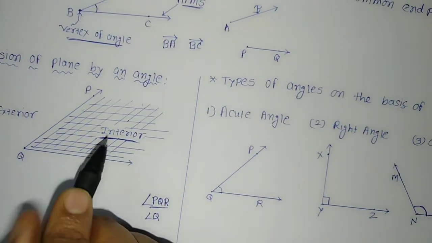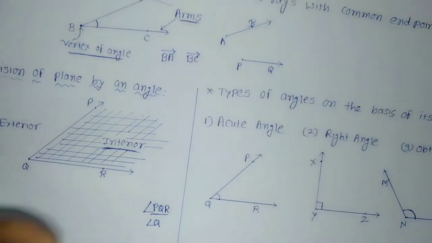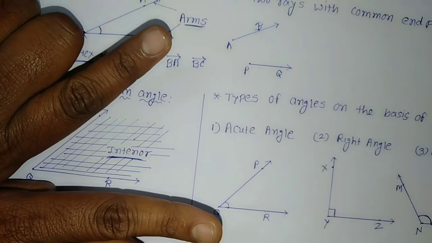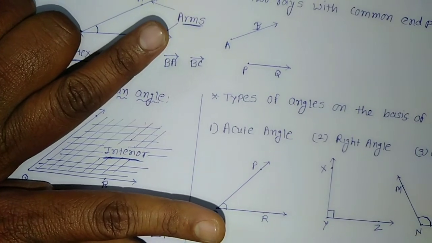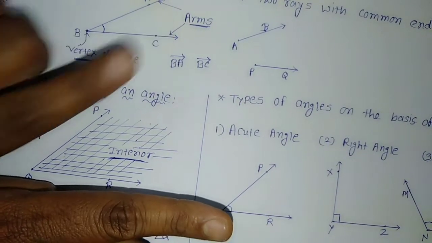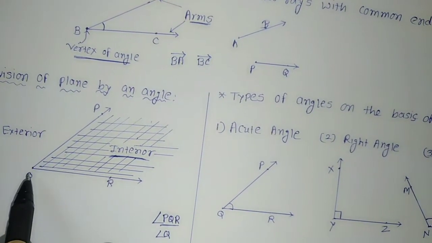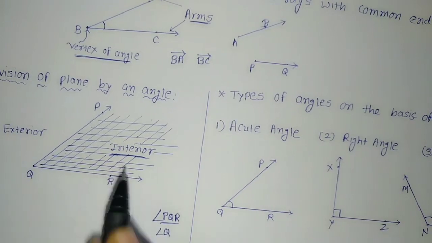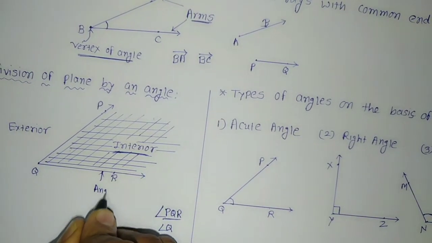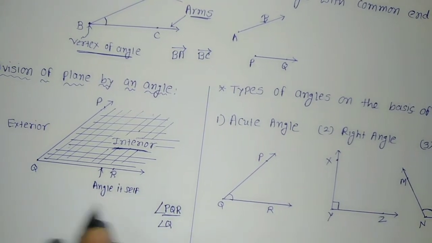So this is the interior. It goes up to infinity, meaning this entire part will be considered the interior part, but it is only between these two rays, not outside. This is the only inner part, and this part, PQR, is called the angle itself, or we can say the rays which represent the angle.